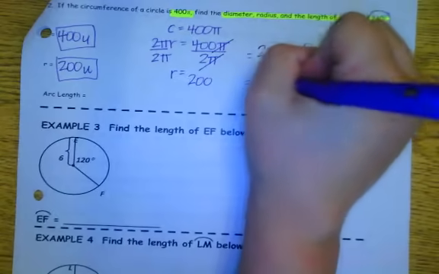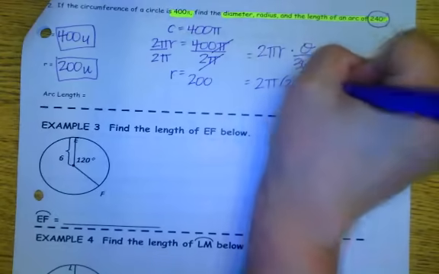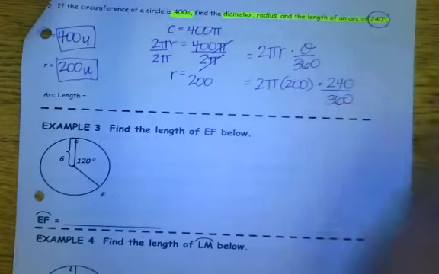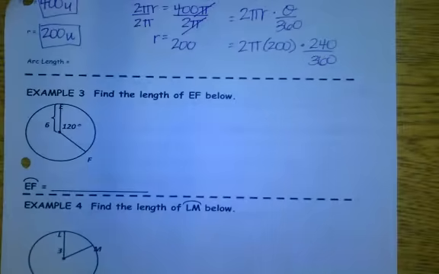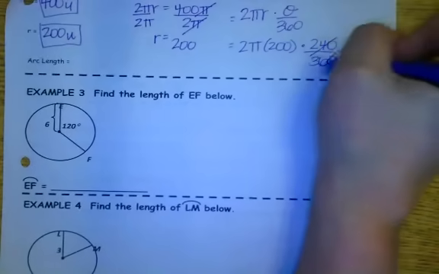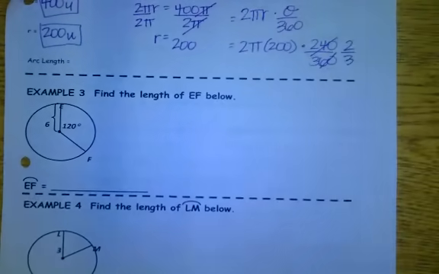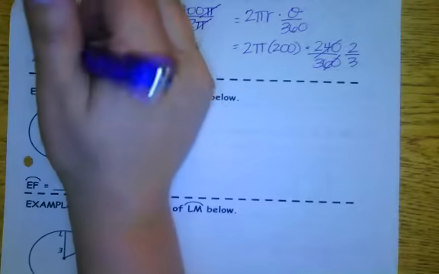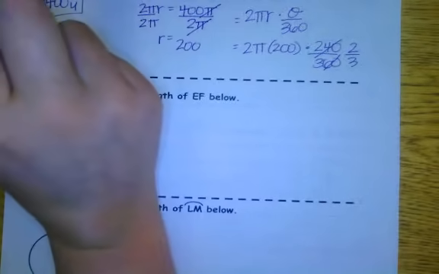So 2 pi times 200 times 240 over 360. 240 over 360 simplifies to what? 2/3. So you have 2 pi times 200 times 2/3, and what does that equal? Yeah, so 800 pi over 3.